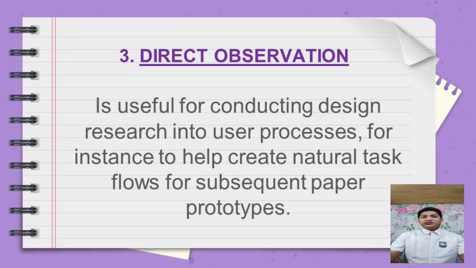Another one is number three, direct observation. Direct observation is a method of research where the researcher watches and records the activities of individuals or groups engaged in their daily activities. The observation may be unstructured or structured. Unstructured observation involves the researcher observing people and events and recording his or her observations as field notes.